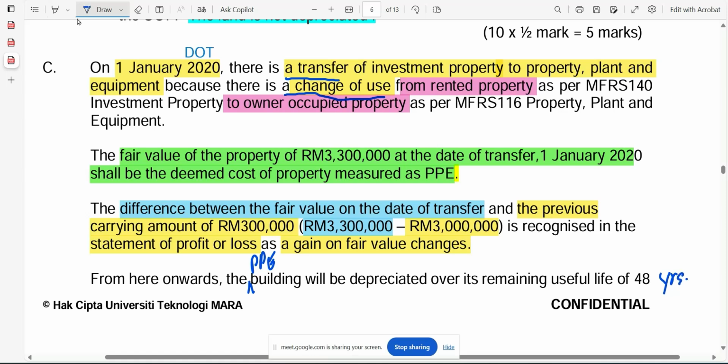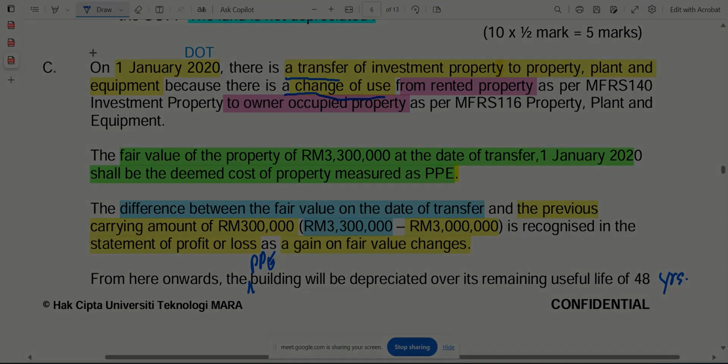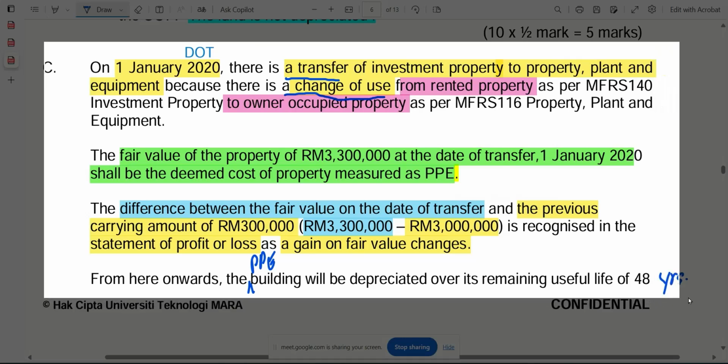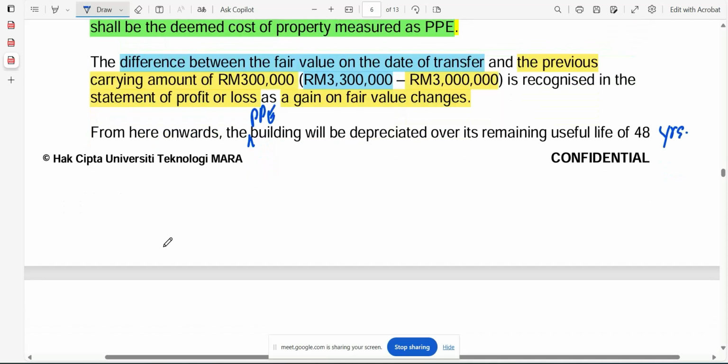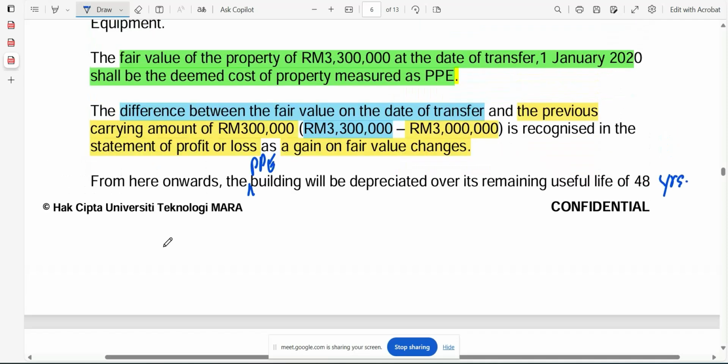Okay, remaining useful life of 48 years. So that was, you can screenshot this to help you later. You can do your screenshot yourself, right? That was the item that you need to record. So let's look at what is the journal entry, because this is without the journal entry.